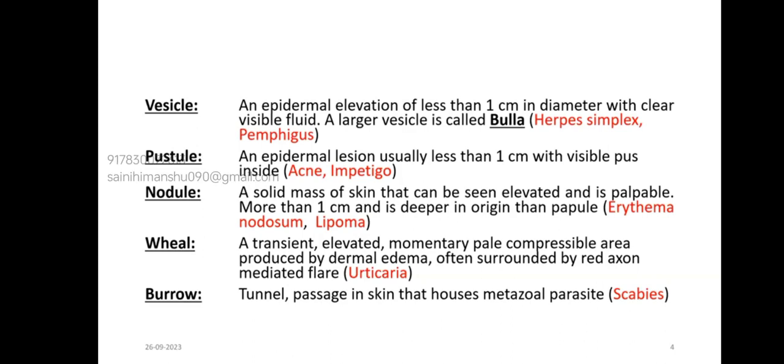And next is burrow. Burrow is a formation of a tunnel, or a passage developed in the skin where the parasite resides. It usually takes abode in those burrows. Scabies is a common example.